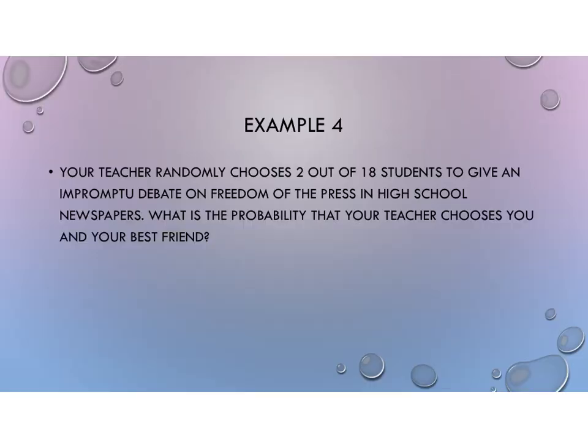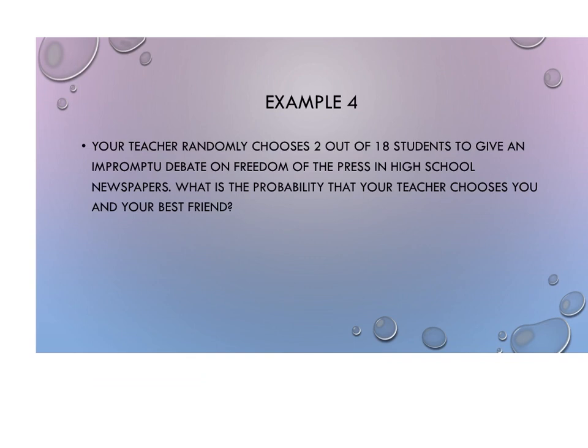Let's do another one. Here it says, your teacher randomly chooses 2 out of 18 students to give an impromptu debate on freedom of the press in high school newspapers. Again, it's asking for the probability that the teacher chooses you and your best friend.